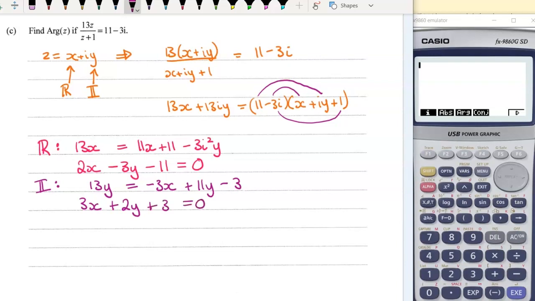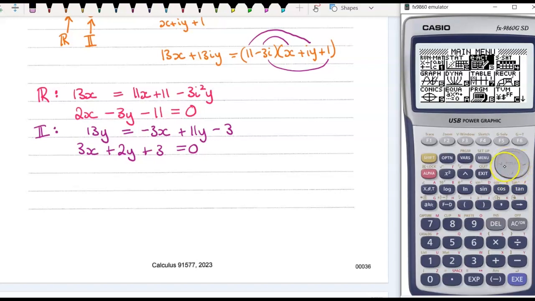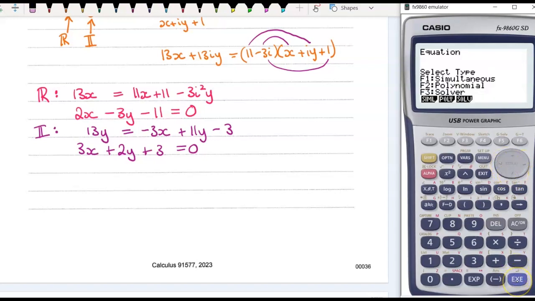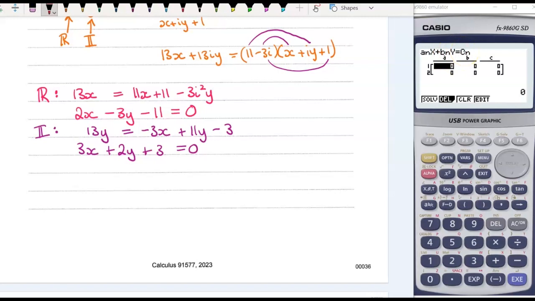Now over to equation solver, and we can put this in as simultaneous equations. We have two unknowns. Now just one thing to spot, this is x plus y equals a constant, so I'm just going to adjust what I've got as my equations over here. So instead of it being the minus 11 on the left there, I'll make that equal to 11, and this one, bring the 3 over to the other side of the equals, and it will be equals to minus 3.